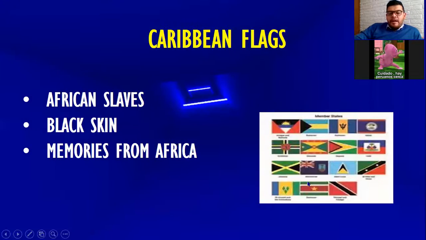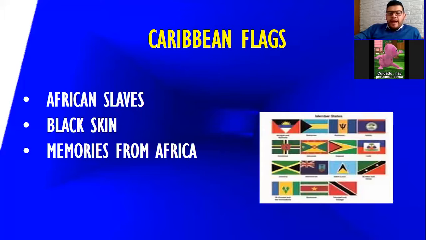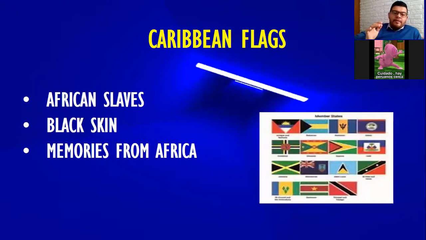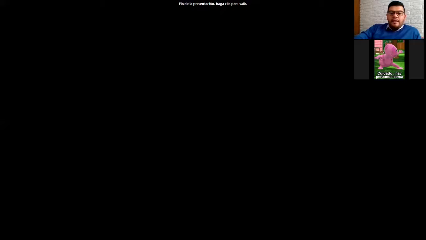And the rest of colors, yellow and green, etc., have to do with nature from the island and nature from their native home, which is the African continent. And I think that's all about this presentation.